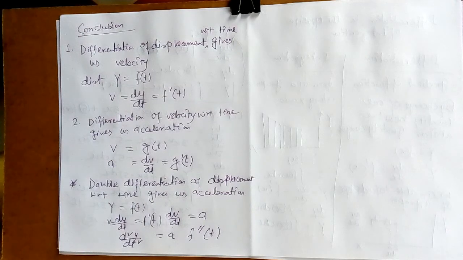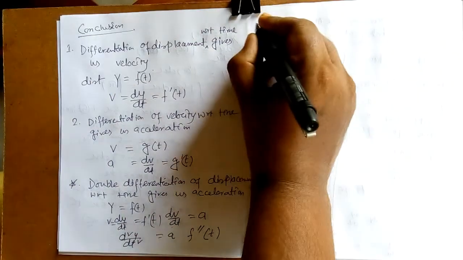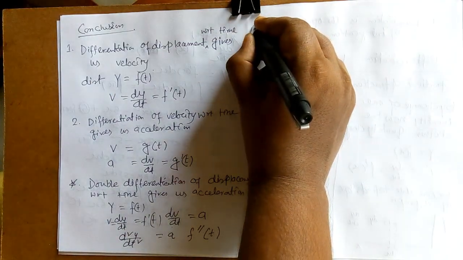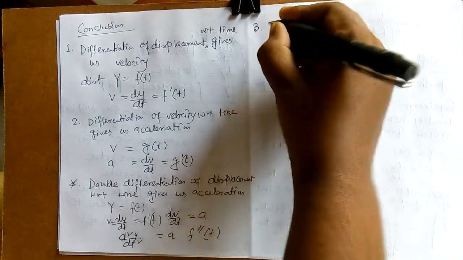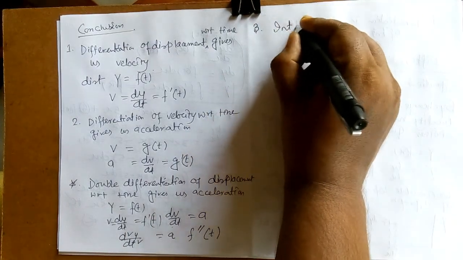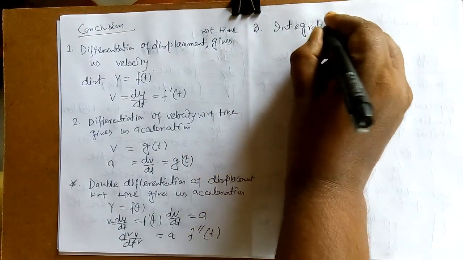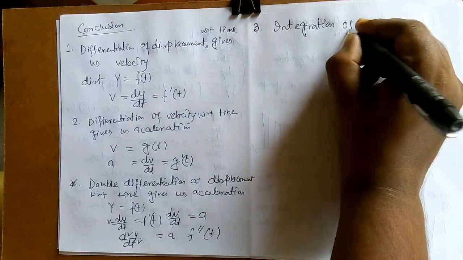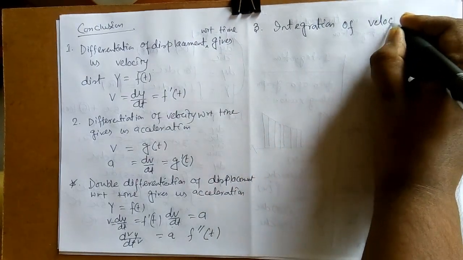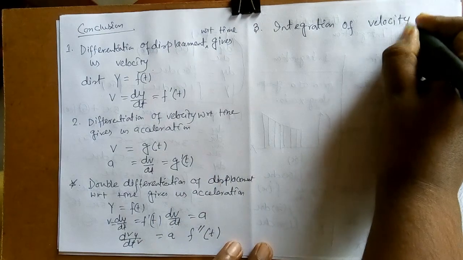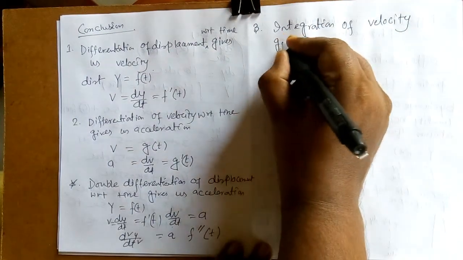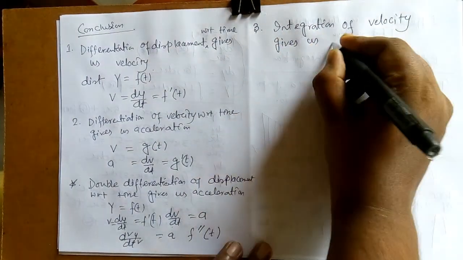But when we have learned integration, integration is exactly opposite to differentiation, so we can conclude from here, that is number 3, that integration of velocity gives us displacement.